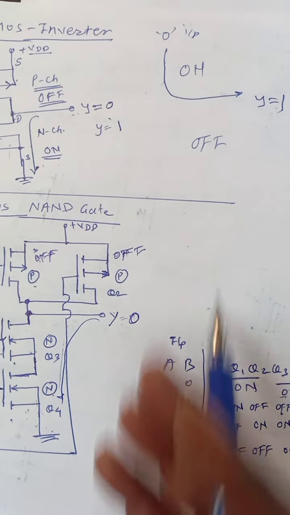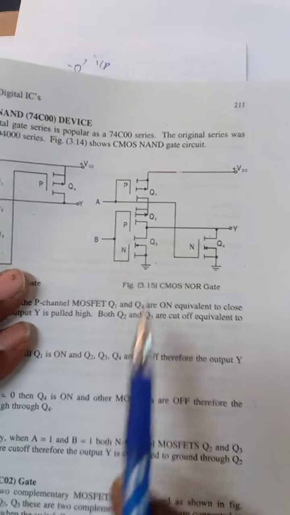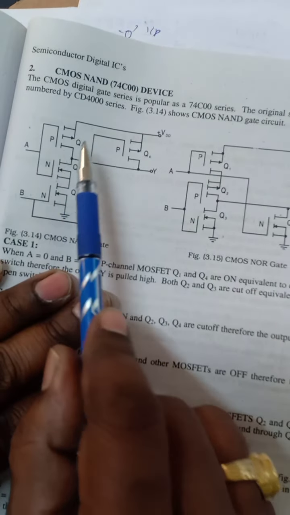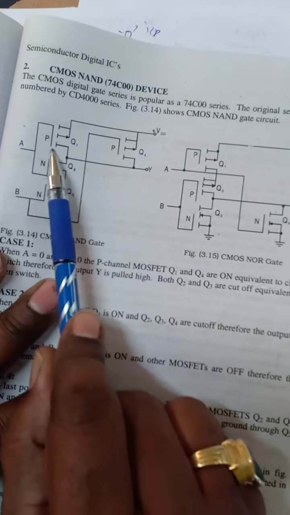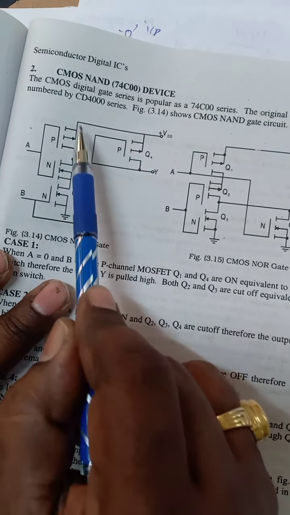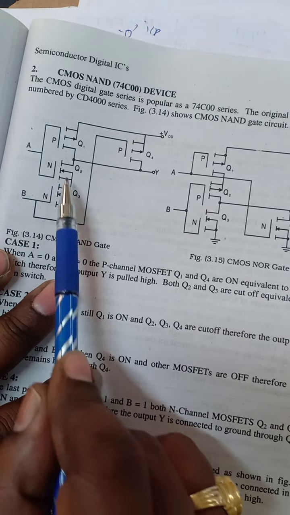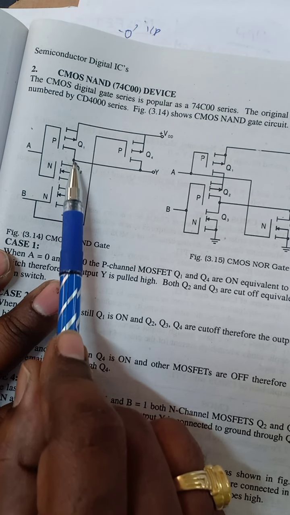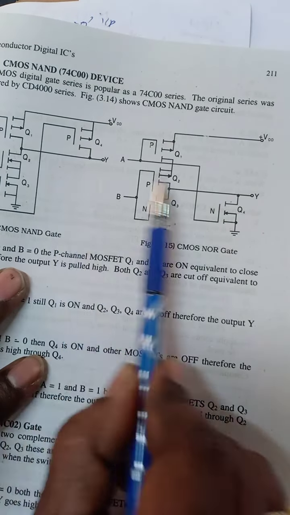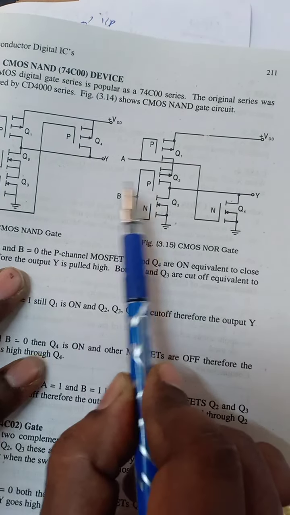Similarly, you can discuss the CMOS NOR gate. In this NOR gate it is just the opposite of this. Keep in mind that the source is connected to higher potential, and for the N channel the drain is connected to higher potential. So here there is a little bit of inversion.